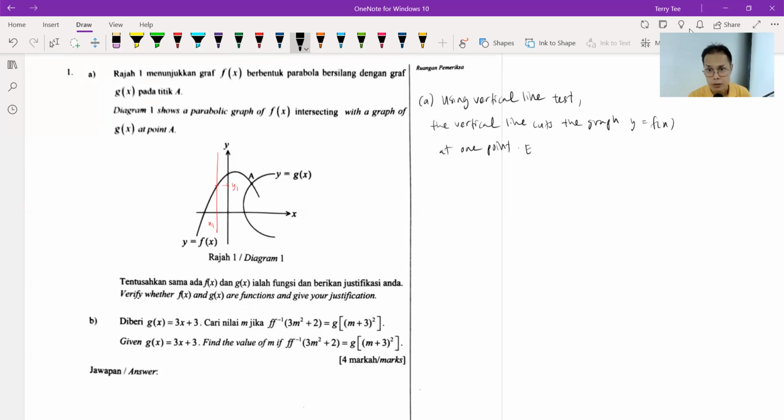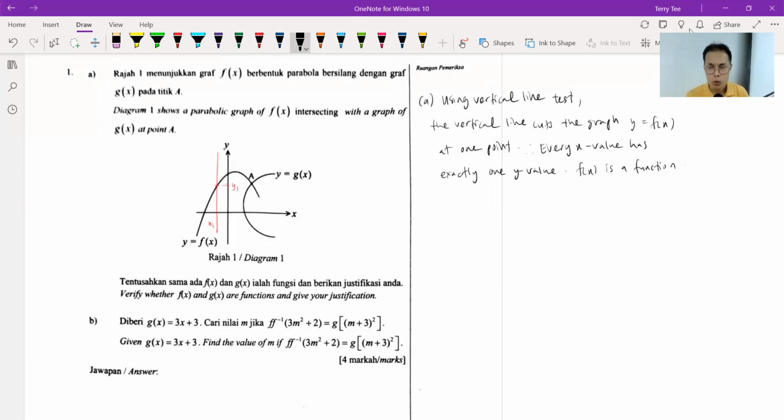Therefore, every x value has exactly one y value. So we can confirm that f(x) is a function.